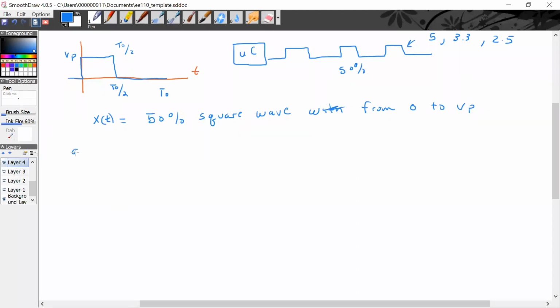So let's find A naught, the DC offset. Now, this function, right, it's discontinuous. It has a value and then it doesn't have a value.